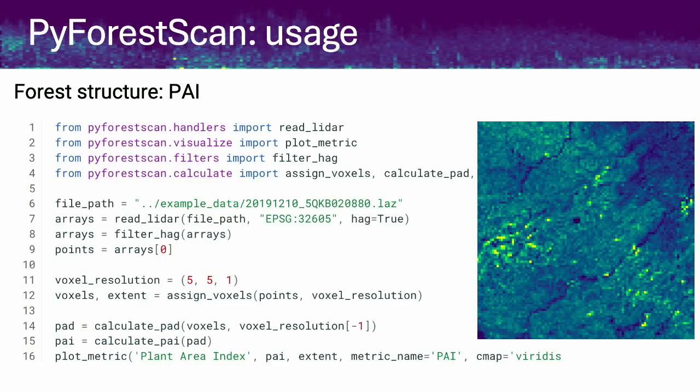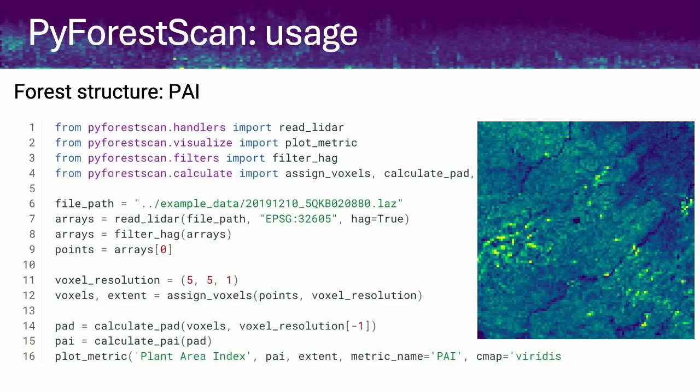So you set the file path, read LiDAR, read that file, give it this coordinate reference system. There's an argument HAG, which is height above ground. You can calculate height above ground if you have a classified LiDAR. There are also functions to classify your LiDAR point cloud, classify ground.